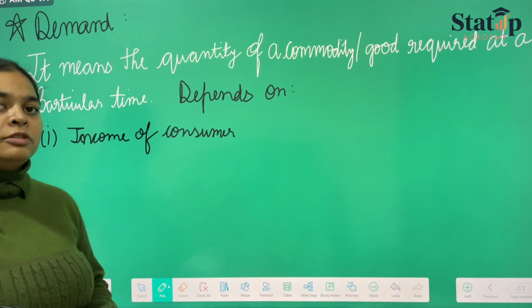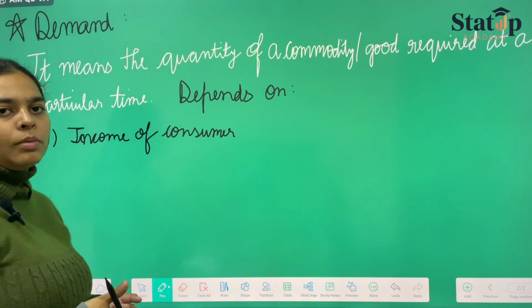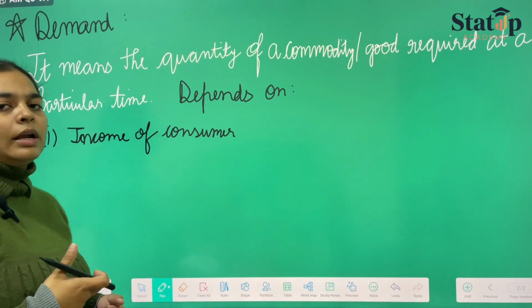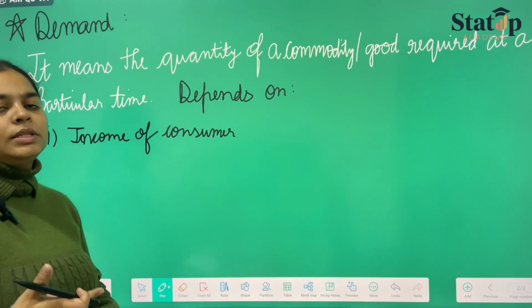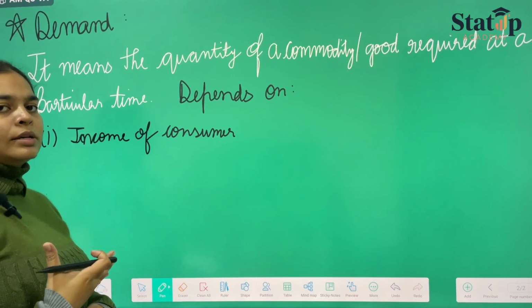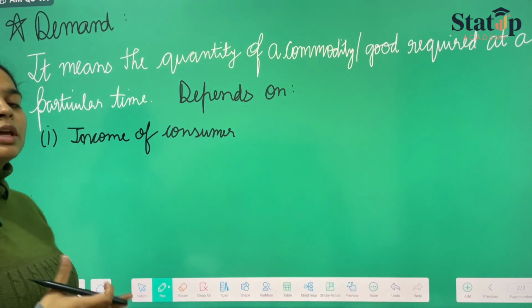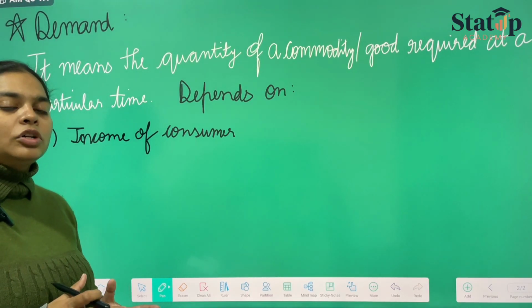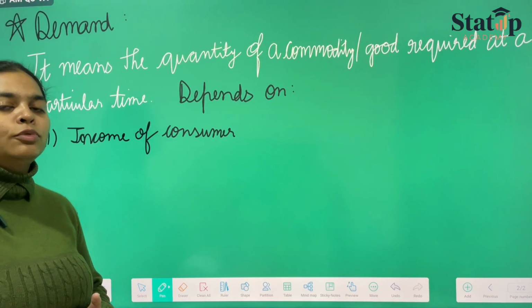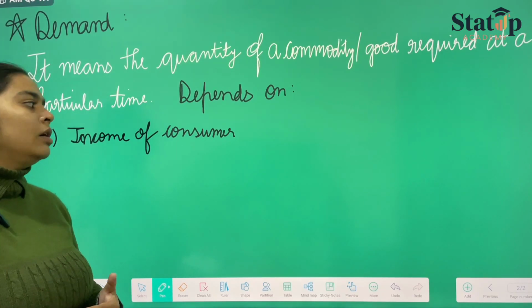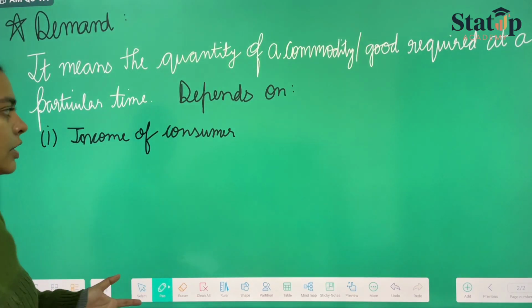If I am from a middle class family, I might get a little extra amount of food. And higher class or rich families, instead of just the necessary food, may get extra things as well. So that depends on the income of the consumer.